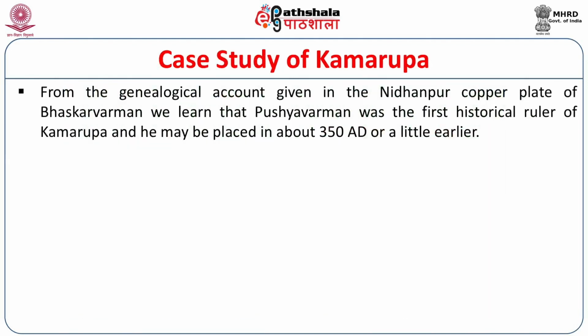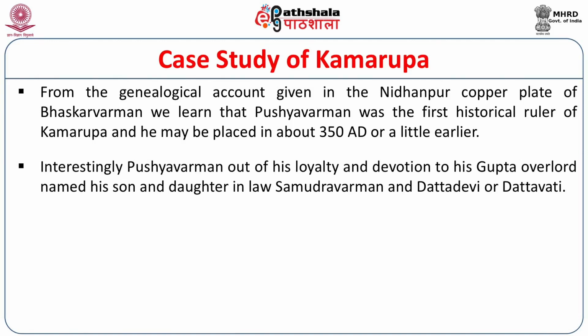Now if we look at Kamarupa, we find from the genealogical account given in the Nidhanpur copper plate of Bhaskaravarman that Pushyavarman was the first historical ruler of Kamarupa, and he may be placed in about 350 AD or a little earlier. Interestingly, Pushyavarman, out of loyalty and devotion to the Gupta emperor, named his son and daughter-in-law Samudravarman and Dattadevi or Dattavati.